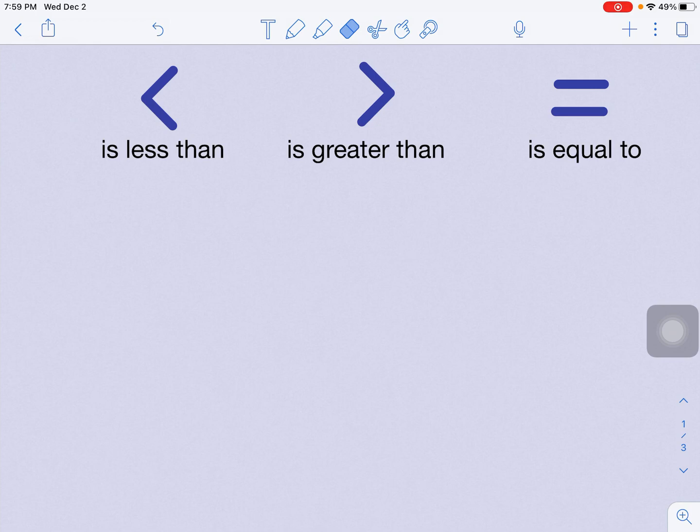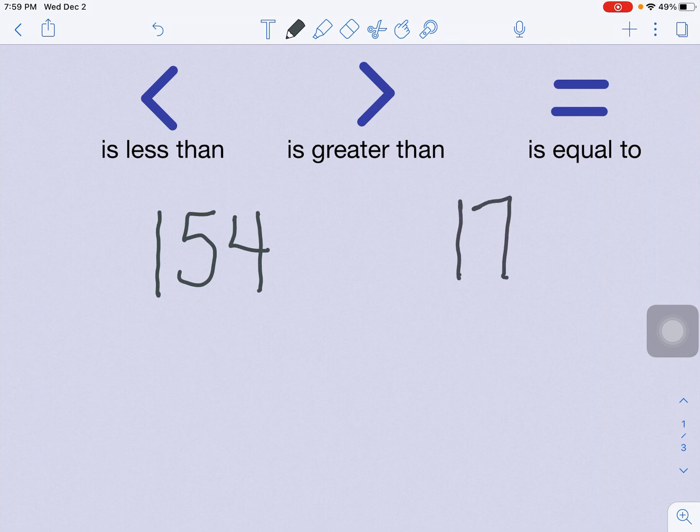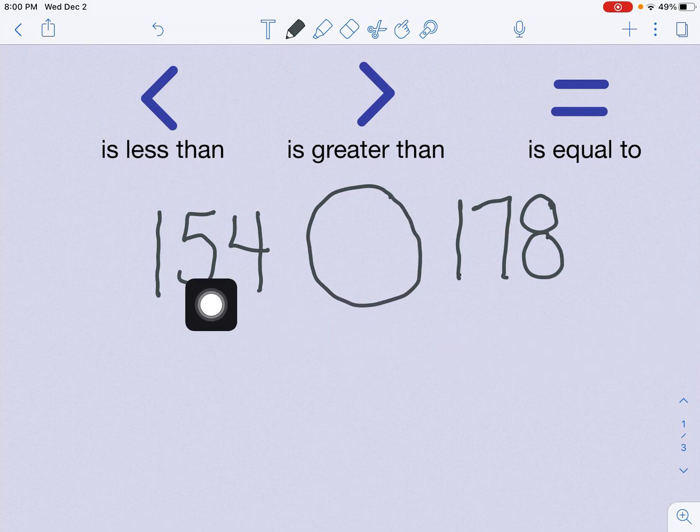And now that we're getting to our hundreds, again, the numbers are going to be larger, of course. So we're going to have 154, because we're in the hundreds now, and 178. And again, Mrs. Hagedorn wants you to try to write if you think it is less than, is greater than, or is equal to.